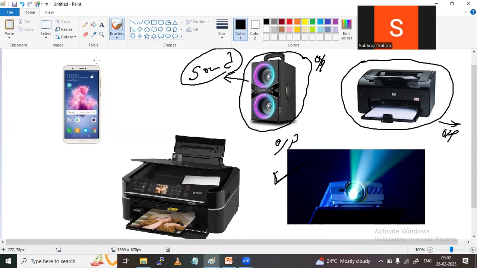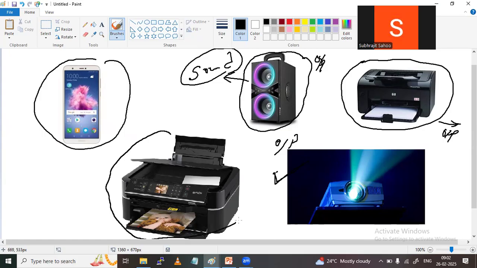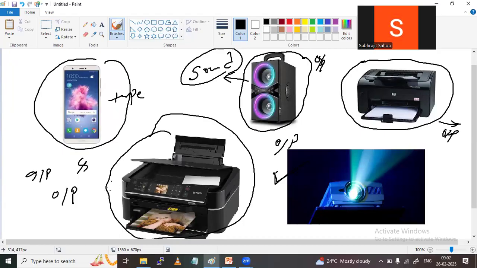Now, very interestingly, the mobile, the smartphone, and this kind of machines are here. In these machines, it acts as both input and output. Here we can give some request by typing something from the keyboard, and we can get the output on the same screen also.